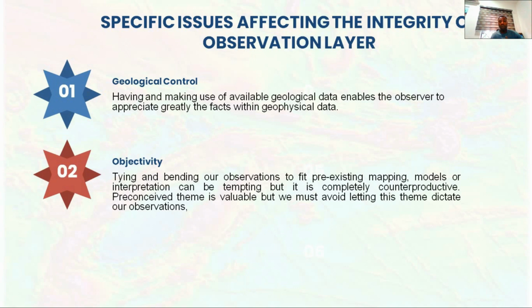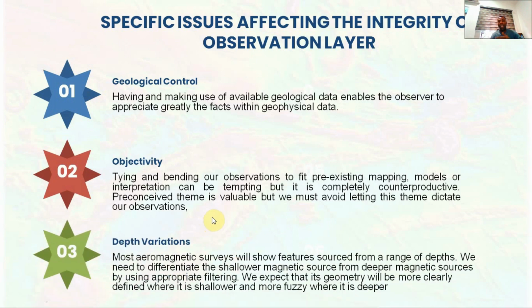Though most of the time it's very tempting to say, yes, this is the geology of this area, it looks that way. But why am I seeing this kind of features in my aeromagnetic data? So some of these preconceived things are valuable, but we must avoid letting our observations be beclouded by what has been existing on the ground.